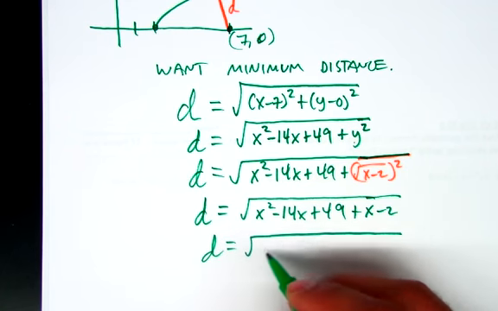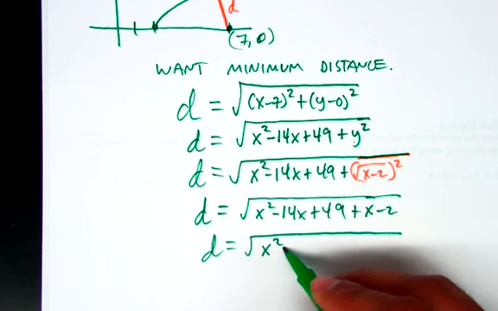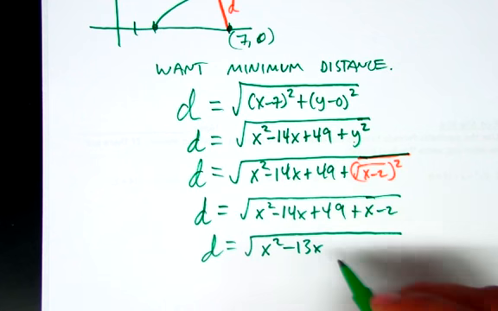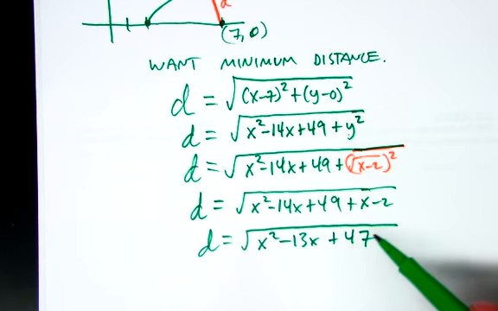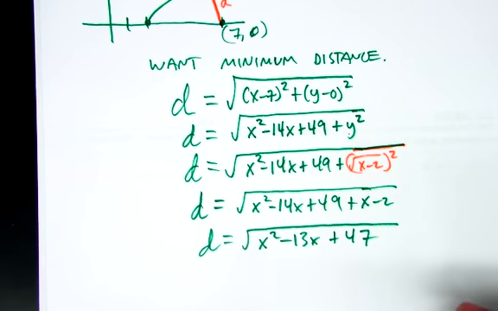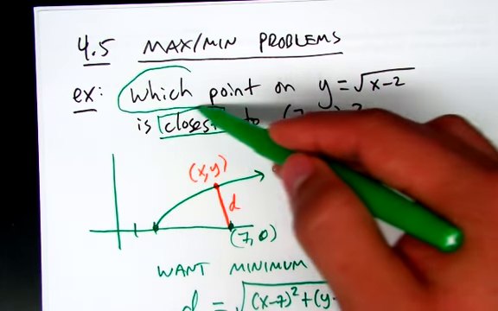So this is going to be x squared, and then how many x's? Minus 13x, and then 49 minus 2 is 47. Okay, so here is our distance function. Here's our distance formula.